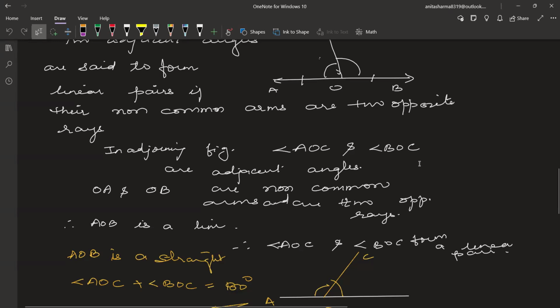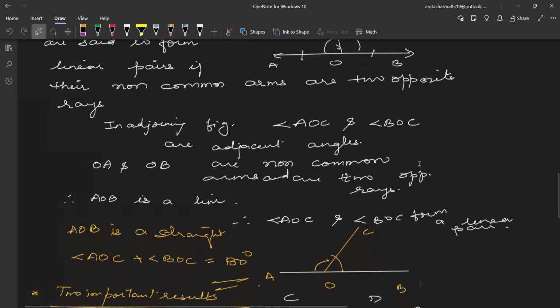Those who have not written this, note it down fast.